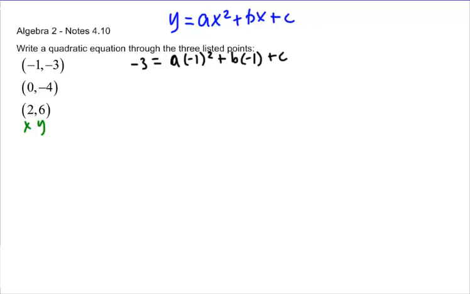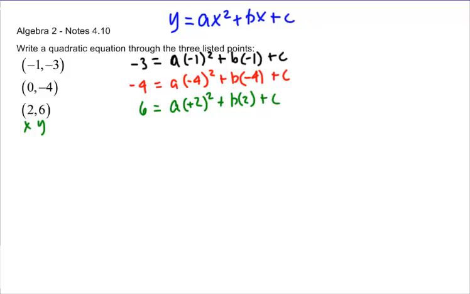And the next equation, the y is -4, and that equals a times -4 squared plus b times -4 plus c. And on the last one, that's going to be 6 equals a times positive 2 squared plus b times 2 plus c.